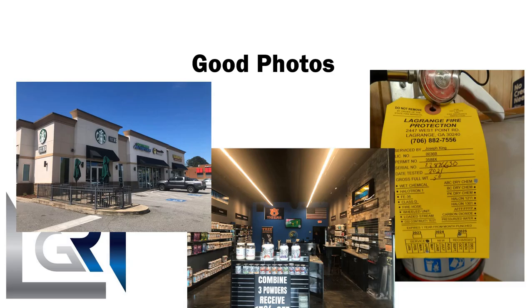I also can see that it was done in August of 2005. So taking a photo such as that, and then a photo such as that, will give me the necessary information that I need.